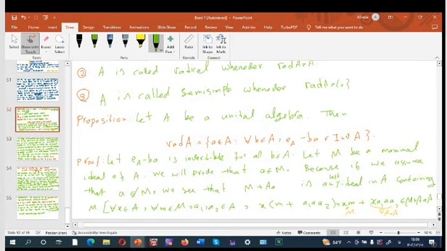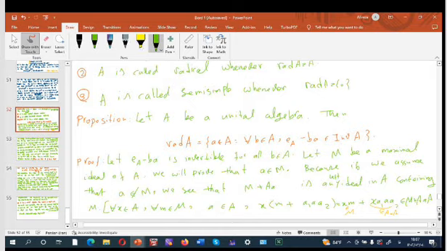For this set, an element has this form, A1 only is enough.